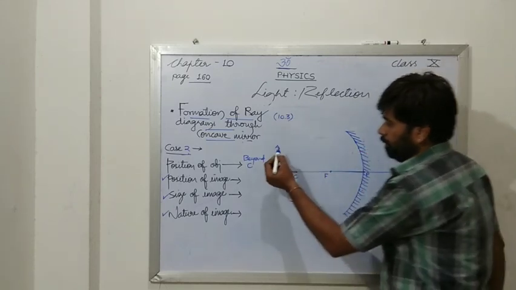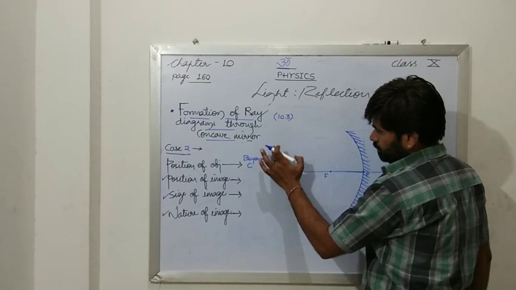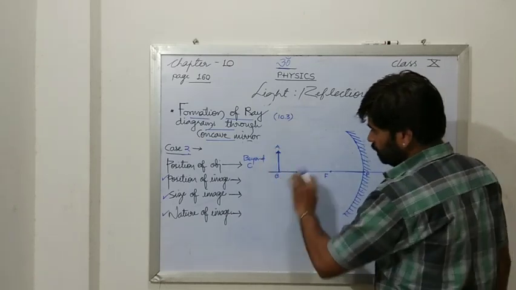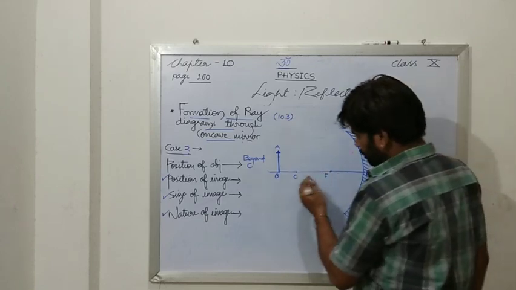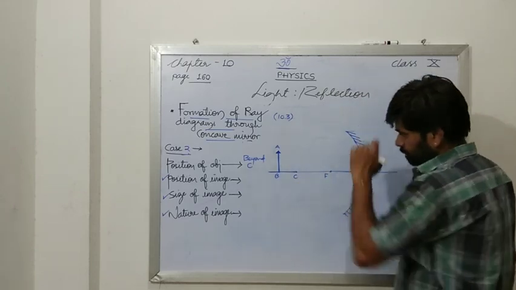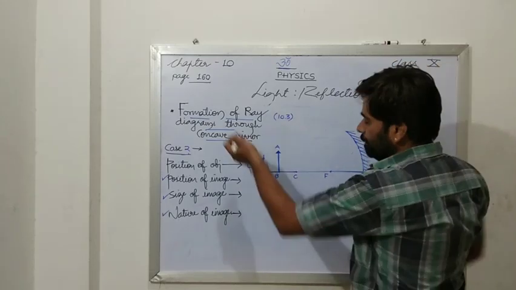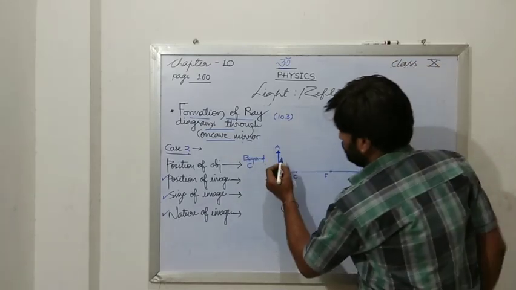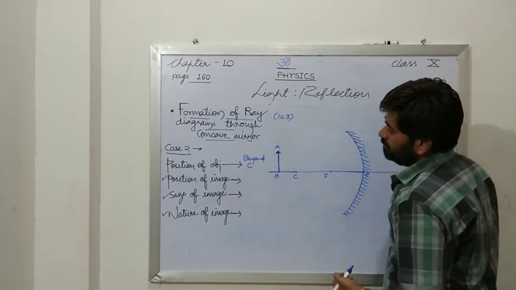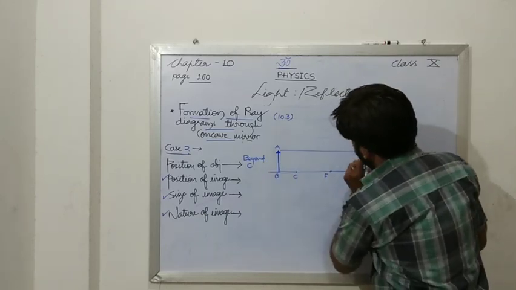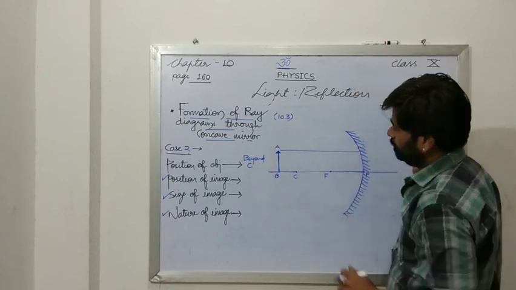Always remember the position of object. Then you have to name that object, that is A and B, because it will help you in naming the image, and through which we may see which point is up and which point is down. Now see, again rule number 1 says a line parallel to the principal axis.